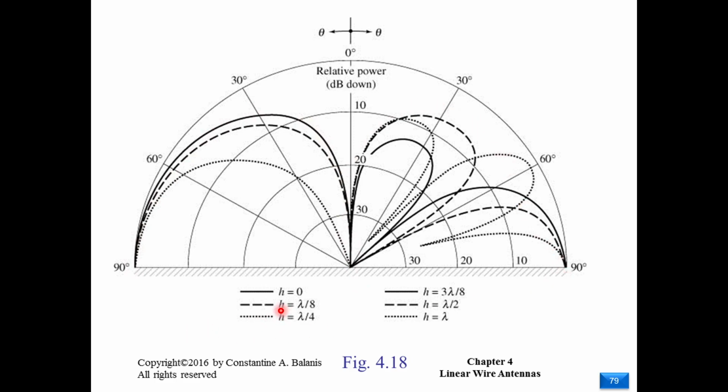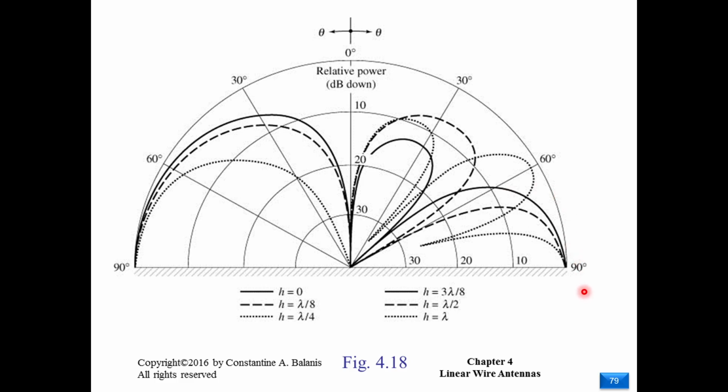When h, the distance, is lambda over 8, it's this curve. Again, if we want to draw it completely, we'll draw the other similar half on the right hand quarter. And if h equals lambda over 4, it would be this one, and so on. If h equals 3 lambda over 8, it would be this pattern.